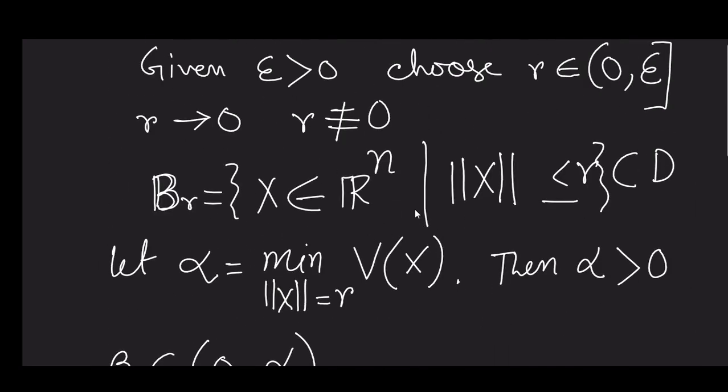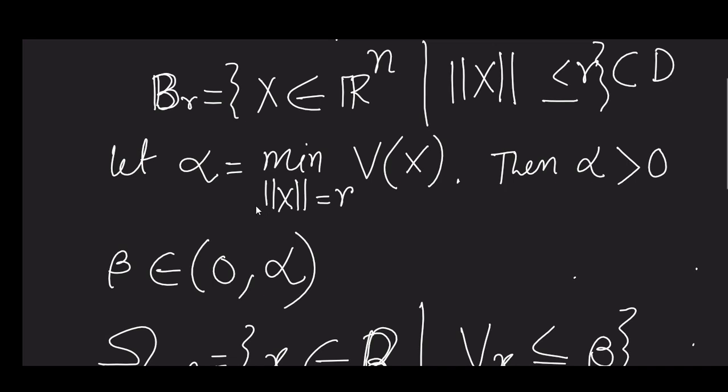This is the BR. How is BR defined? Epsilon greater than 0. Now we select a semi-closed interval 0 comma epsilon, where this r can be as small as very close to 0 but not exactly identically equal to 0. That is what I have written here.